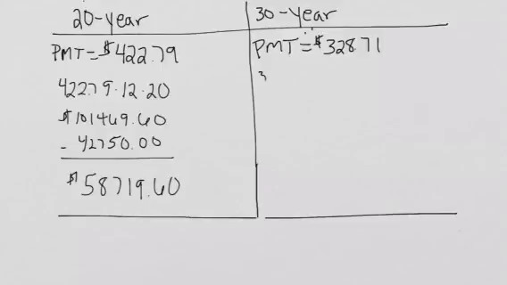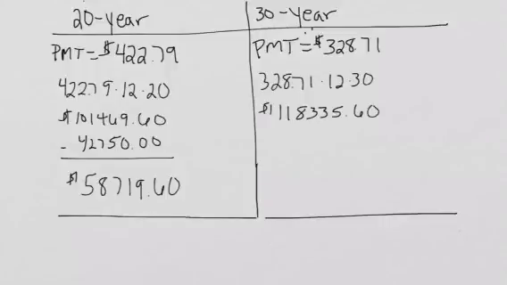Okay, so now let's do the same thing for the 30-year. So for each month, we paid $328.71 each month, so times 12, for 30 years now, so times 30. And that's going to give me a total of $118,335.60.